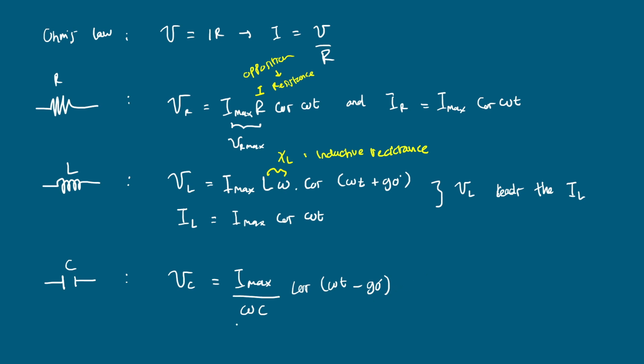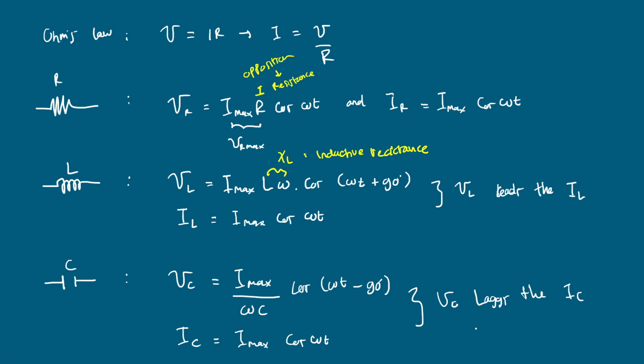For the current, it is the same as before: IC equals I max cosine omega t. So we have VC that lags the IC.